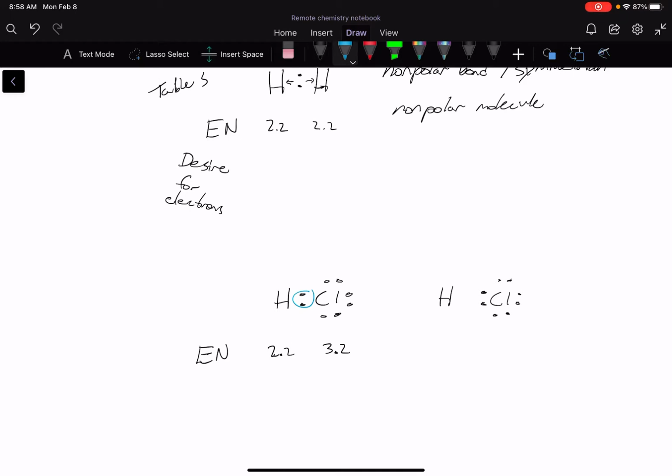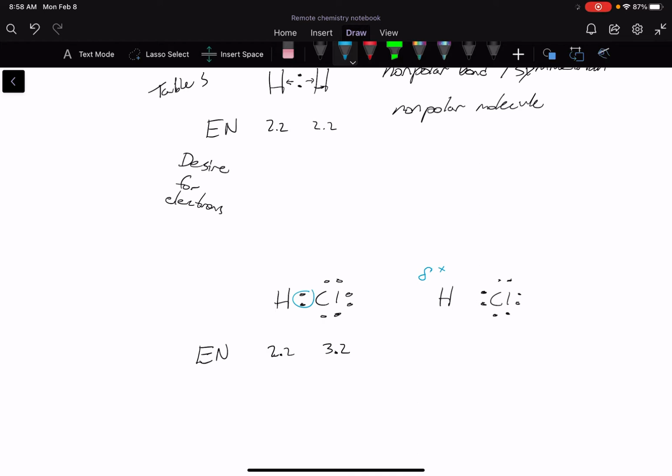And you can represent this using something called a partial charge. We represent the word partial using the lowercase Greek letter delta. And because electrons are negatively charged, they're being pulled away from the hydrogen, so we say that the hydrogen has a partial positive charge.